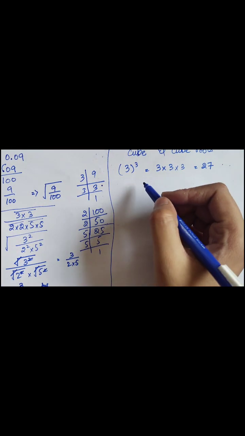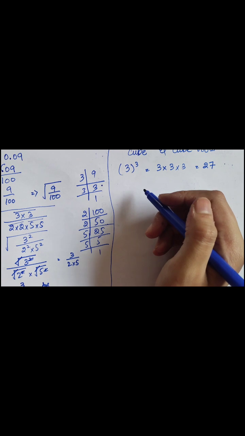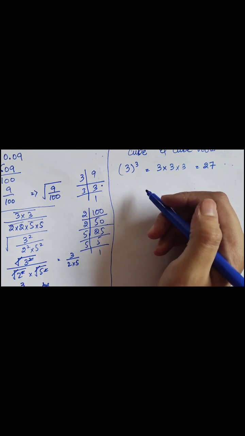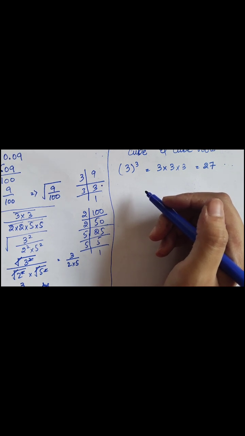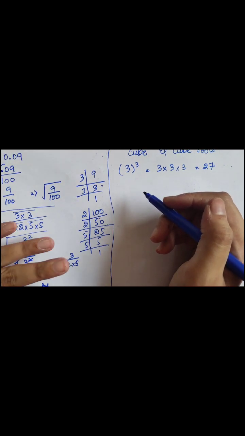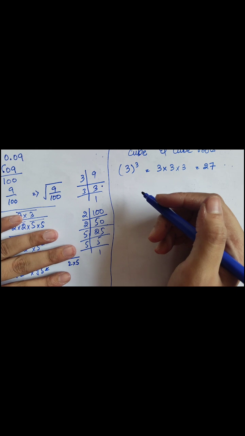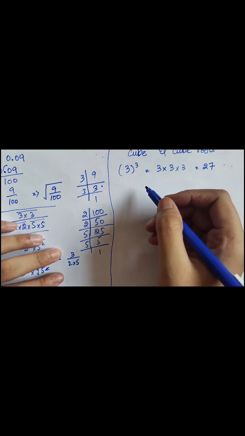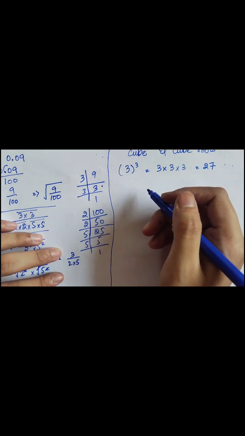How can we take the cube root? In the square root, we make pairs and make power 2, so we can cut the square with the square root. In cube root, you have to take power 3. You make groups of 3 numbers and then you can cut with the cube root.